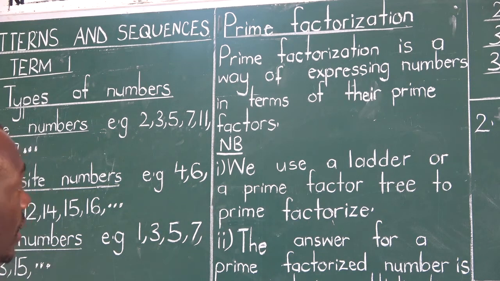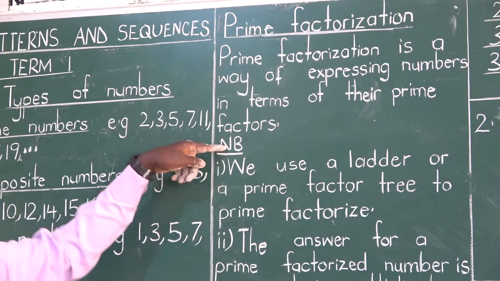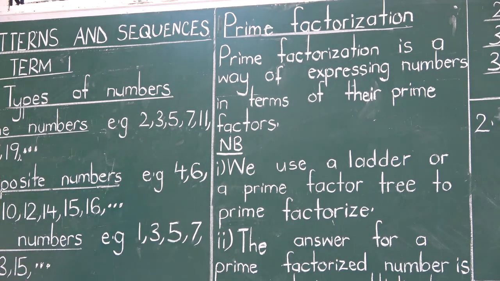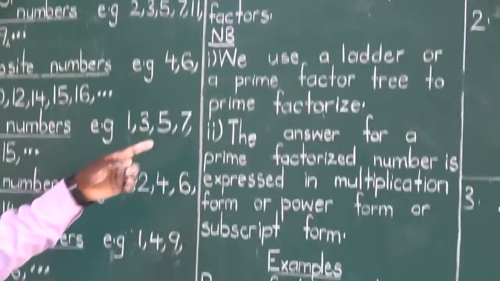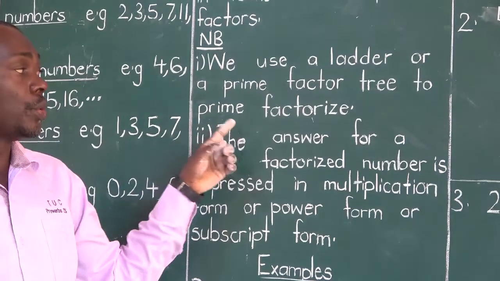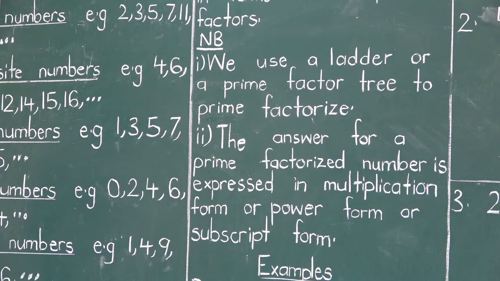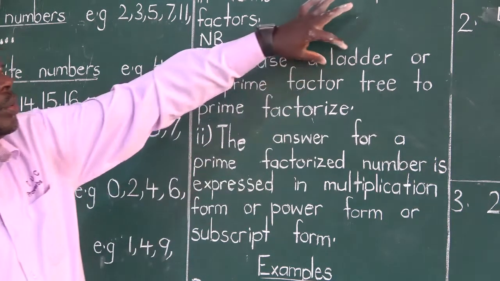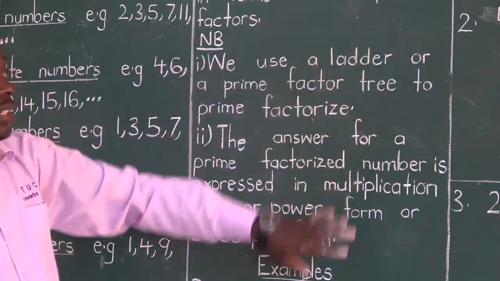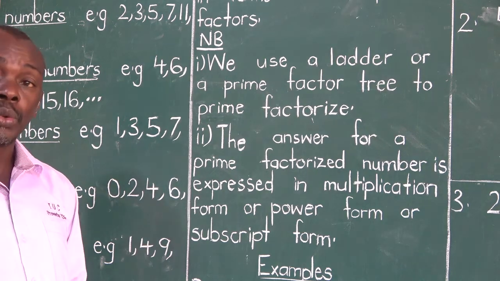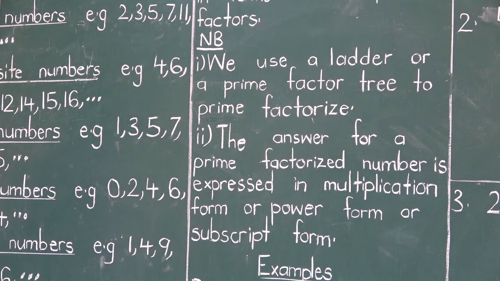You must note these two carefully, A and B. 1, we use a ladder or a prime factor tree to do what is called prime factorization. So in order to prime factorize, we can either use a ladder as a method or a prime factor tree, like we are going to see today.